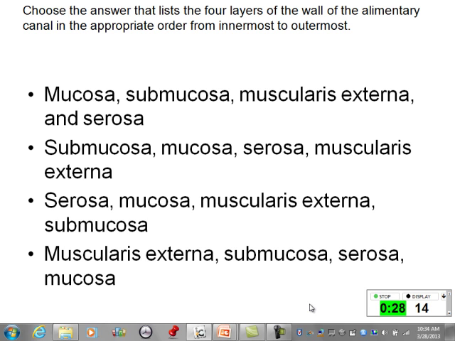Inside to outside. Five, 4, 3, 2. Was 26 our number last time? 27? 27. What's the answer?